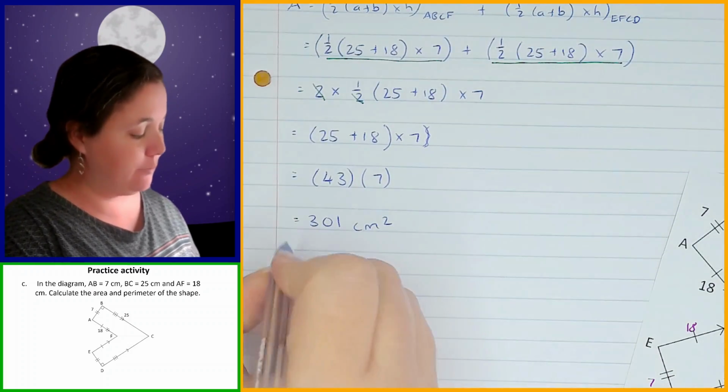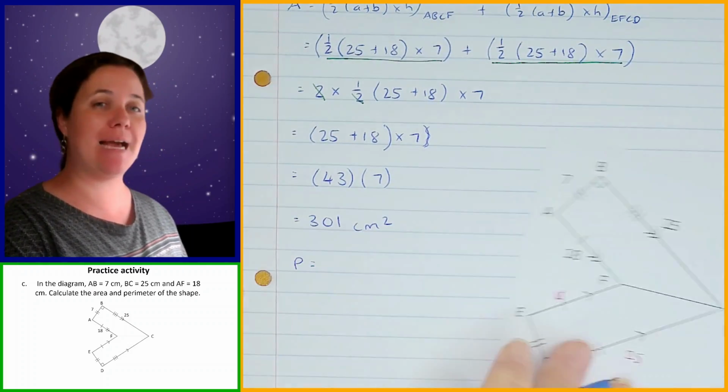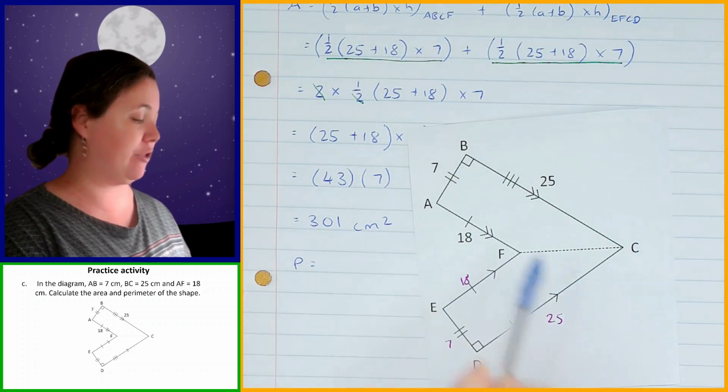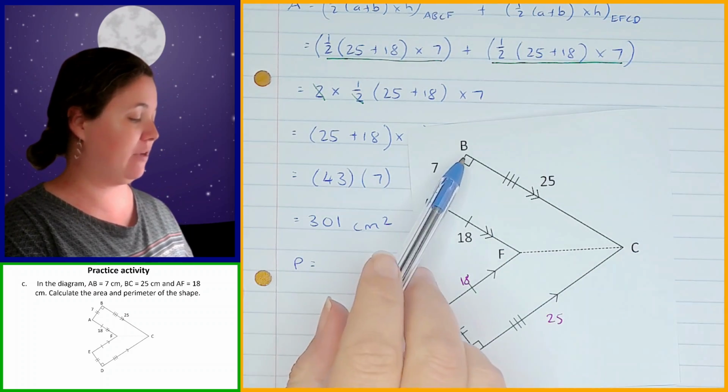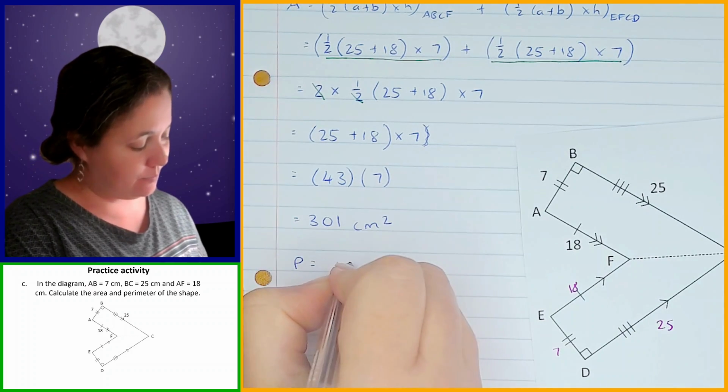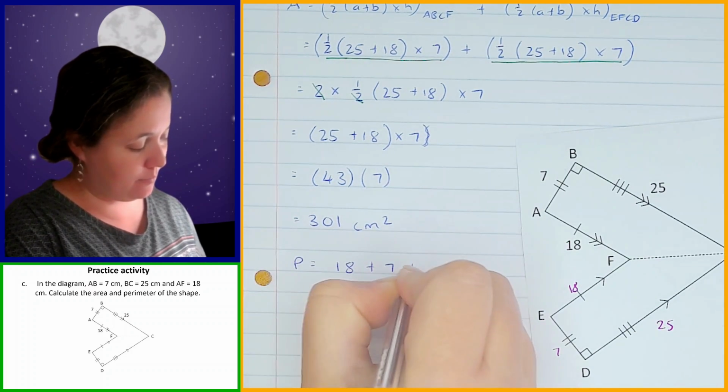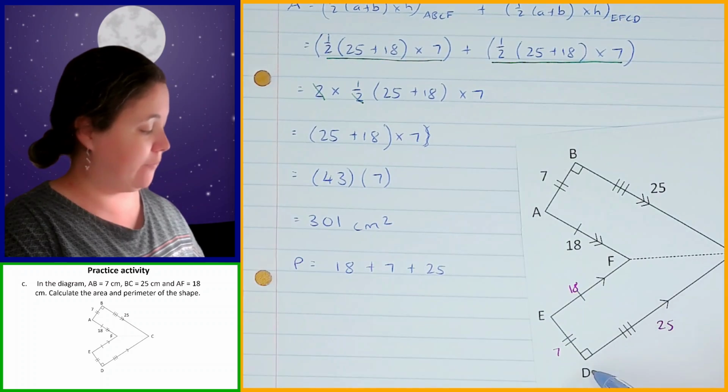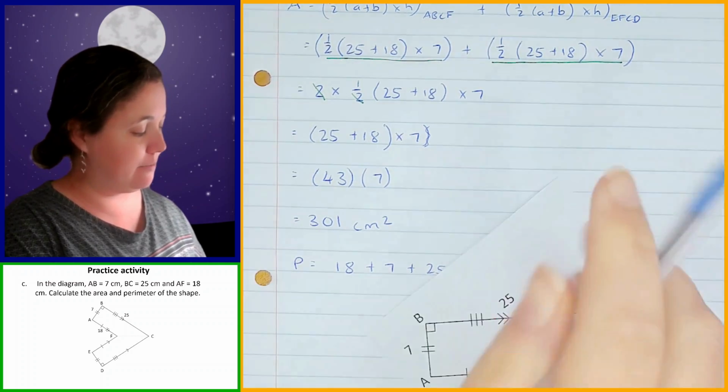So the perimeter for this shape, I'm going to work out by just adding up all the sides as I make my way around the shape. So I've got 18 plus 7 plus 25 plus 25 plus 7 plus 18.